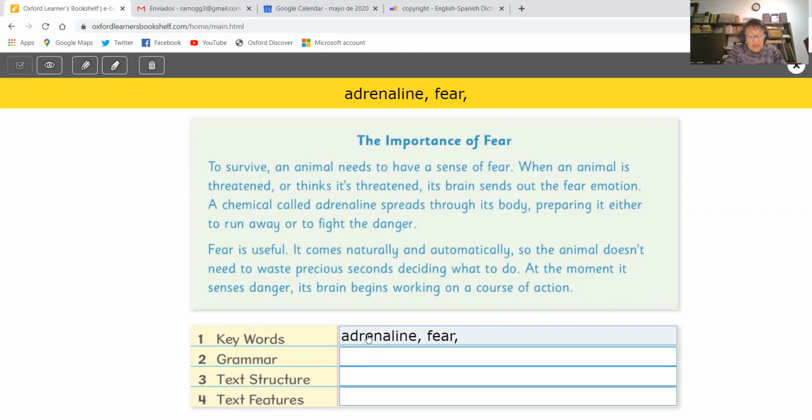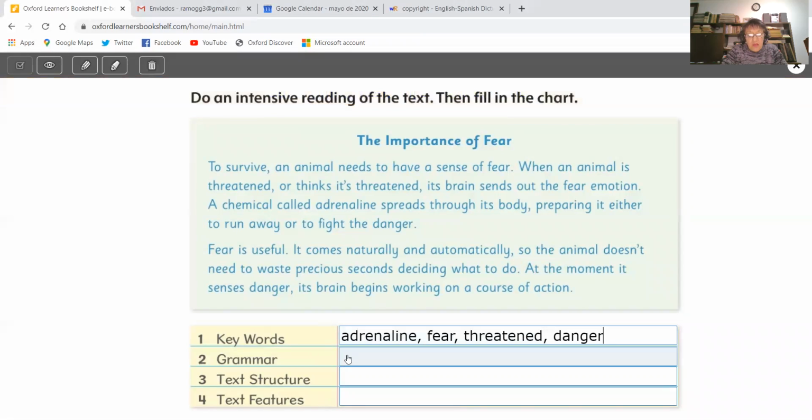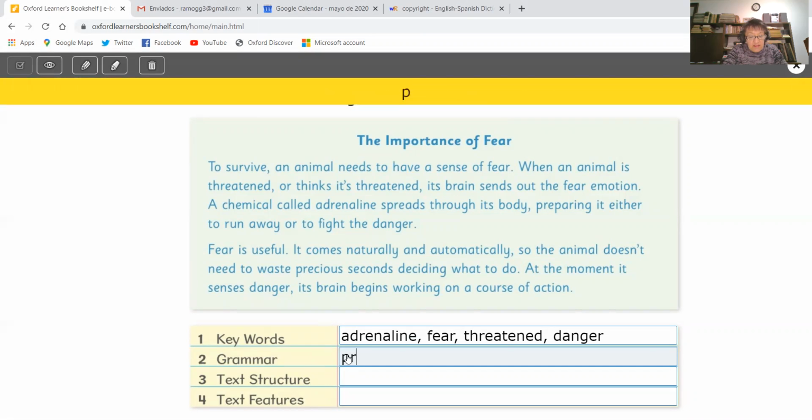Another one may be threatened. And maybe danger. What kind of grammar are we using in this text? Everything is in present, to talk about facts.